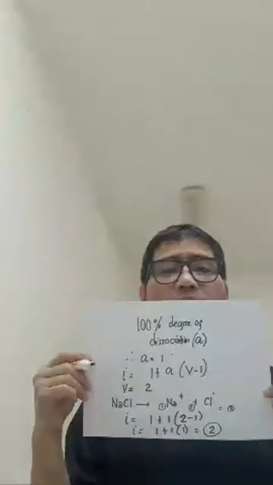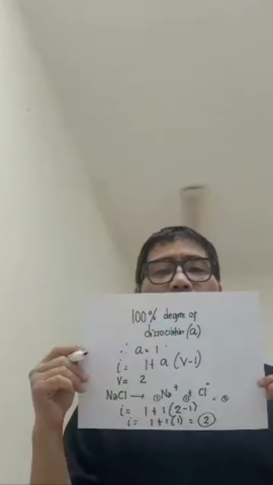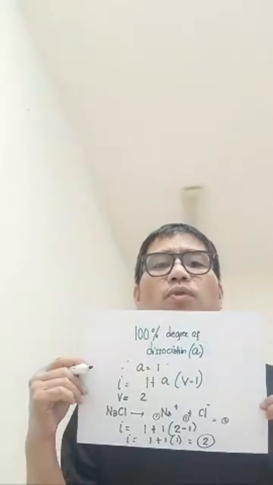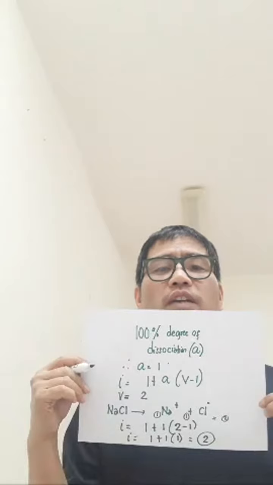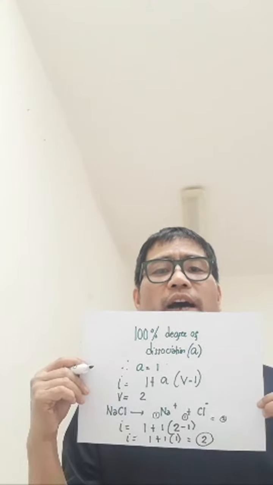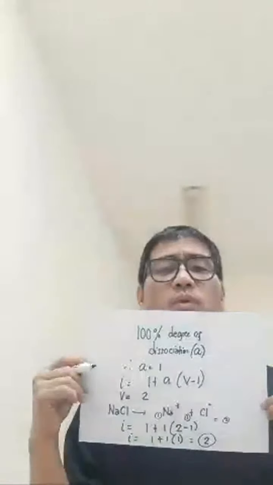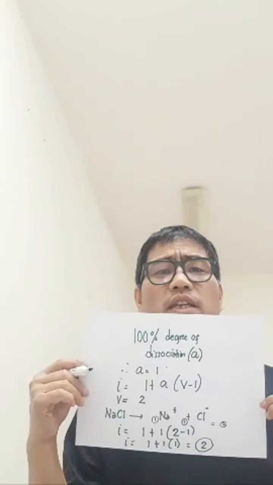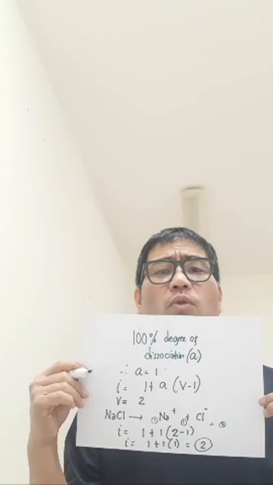So our dissociation factor, or Van't Hoff factor, is equal to 2. If you notice, our dissociation factor, or Van't Hoff factor, i, is simply equal to the total number of ions in the dissociation of sodium chloride.